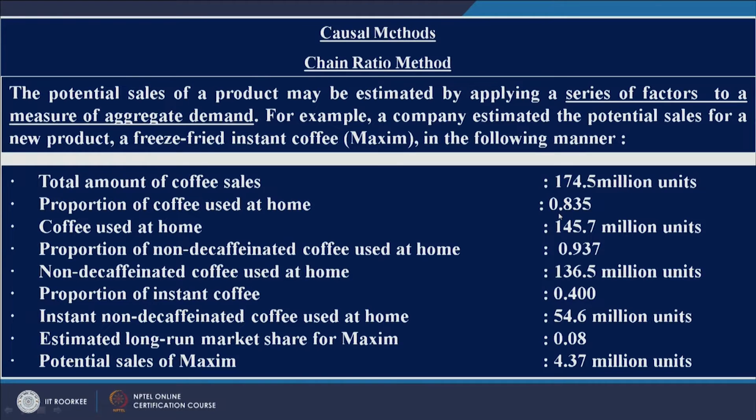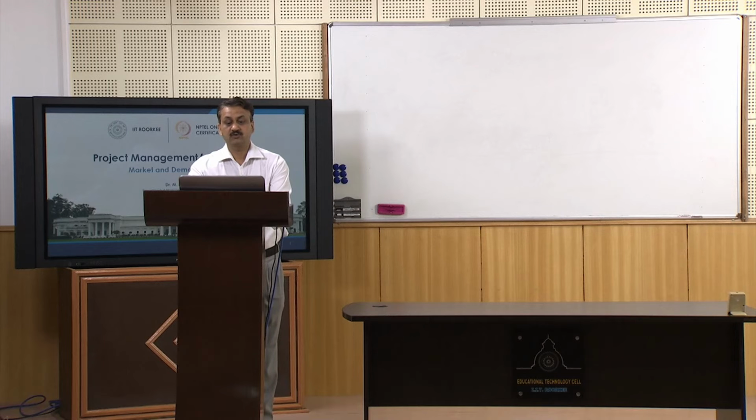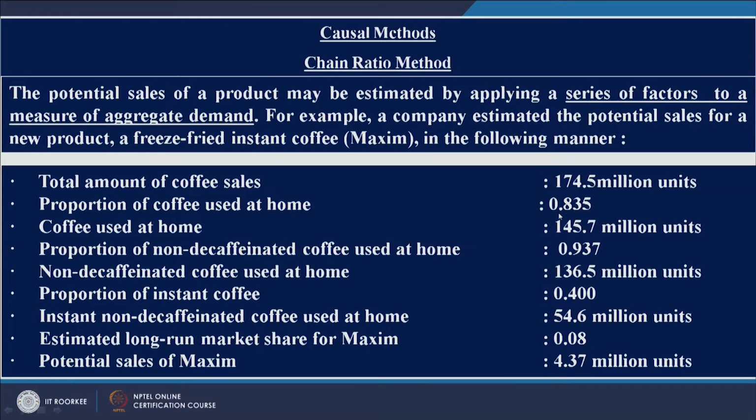The total amount of coffee sales is known, 174.5 million. Proportion of coffee used at home: out of this total amount of coffee sales, the proportion used is 0.835. You just multiply these two values and you will get the coffee used at home, which is 145.7 million units.